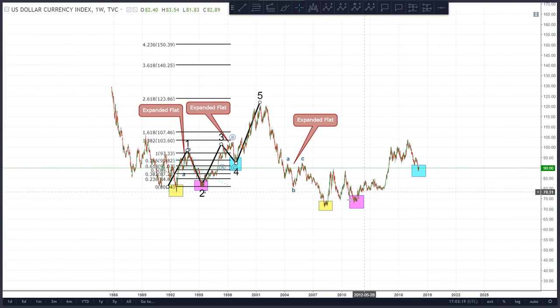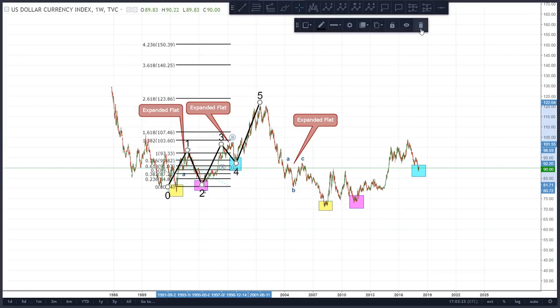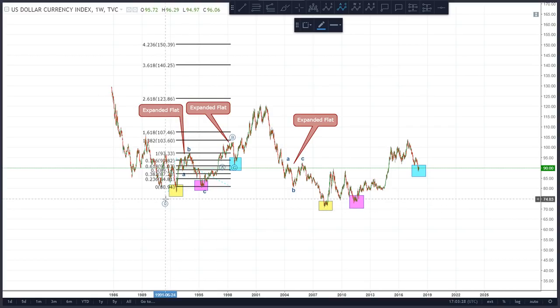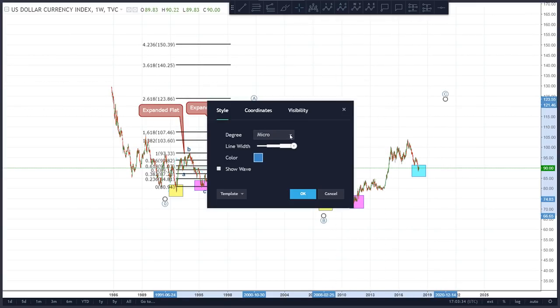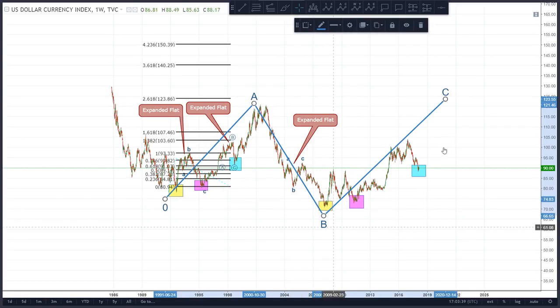In terms of how high we're going up, if this is all a major ABC, let me just label the larger picture. So this is A, B, C. Let's make this large. Let's show the wave. Now, it may not come as high as that.